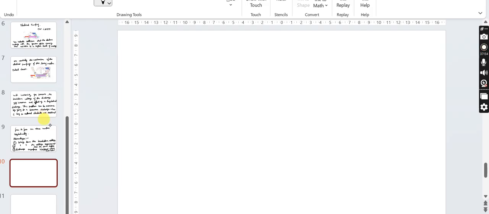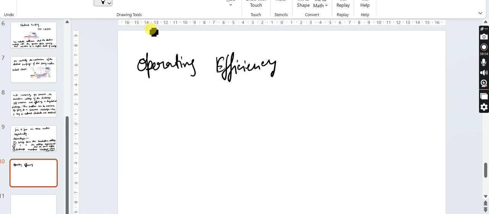Now we have discussed the efficiency, or operating efficiency. Operating efficiency is basically the laser power over the input electrical power.